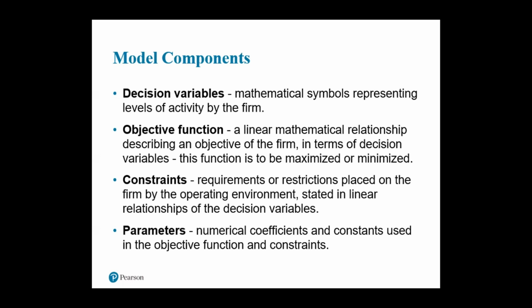Then there are parameters. The parameters are simply the values that are attached to the variables in the model. So for instance, you can say that you will need 2 hours of labor in order to produce 1 unit of the product.